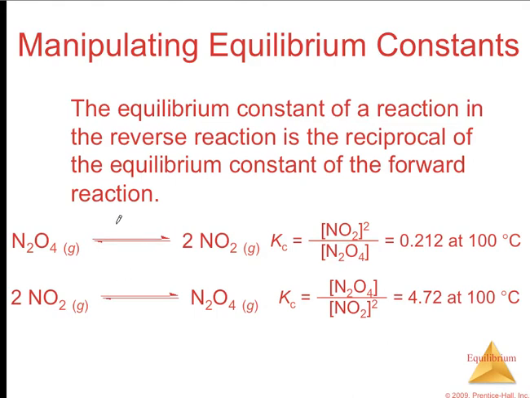So if I were going to invert an equation, and I have its Kc, if we call this Kc1, and this is Kc2, Kc2 being the reverse of Kc1 is going to be the inverse of Kc for the first system. Okay, so it's just the reciprocal.